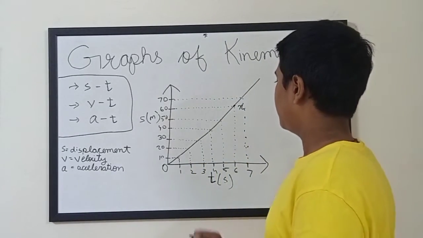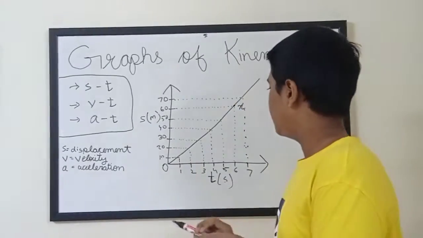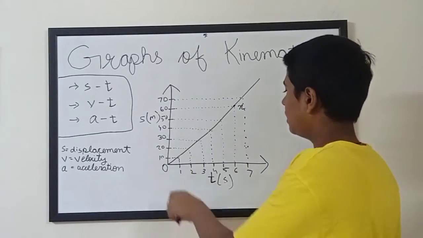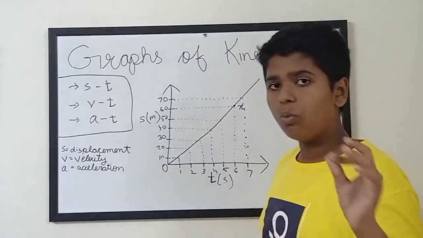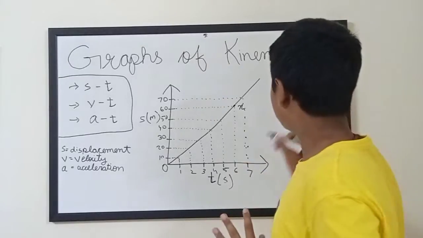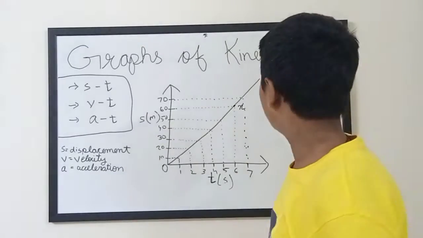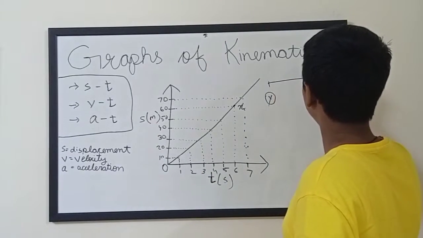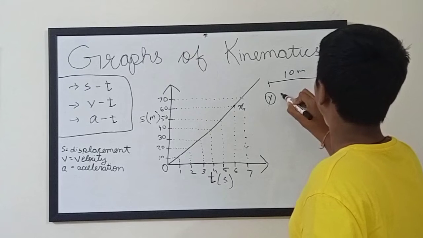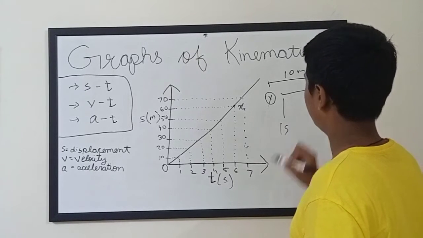So here 10 meters of distance is covered by a body in how many seconds? In 1 second. Here you can see, right? For an example, I have a body Y, which is a ball, and it is covering a distance of 10 meters in 1 second.